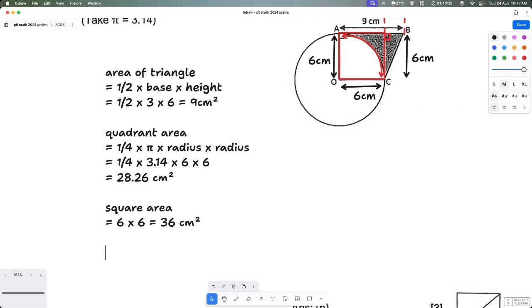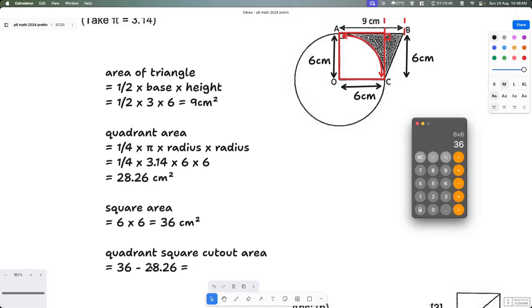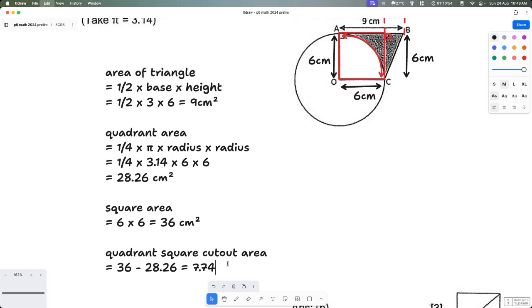All right, so the quadrant cutout area is basically 36 minus 28.26, which is equal to 7.74 centimeters squared.